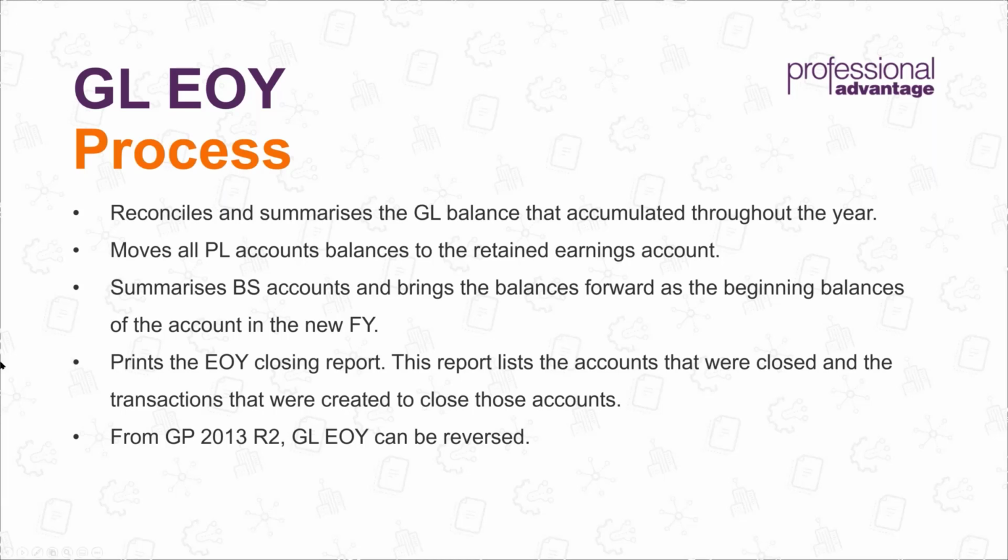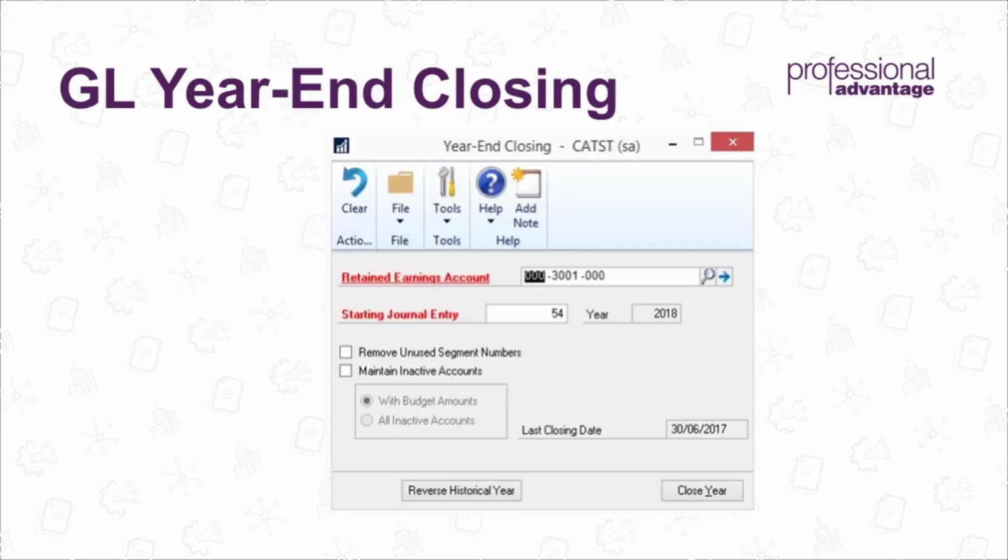Now, this account, if I show you this GL setup window, is the account we nominated in our general ledger setup window, and it also displays in the year-end closing window here. So double check whether that account is still correct.